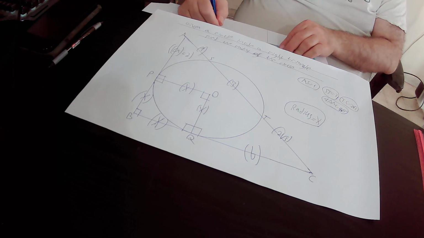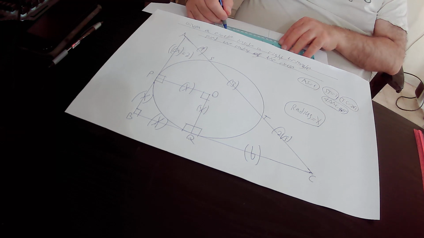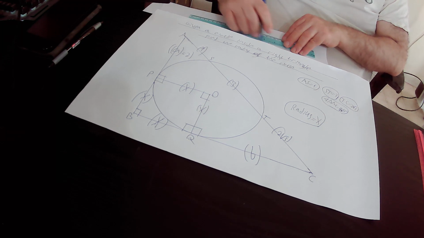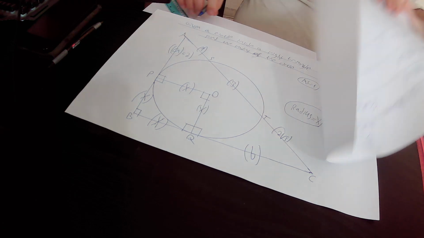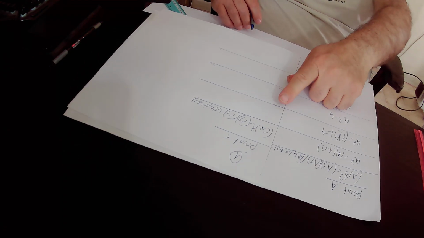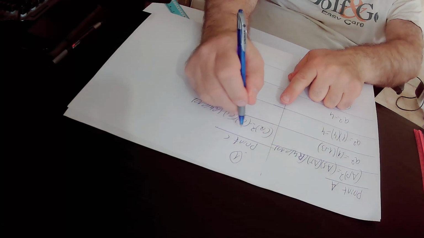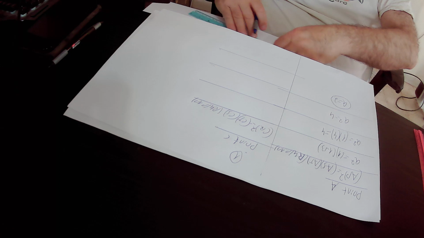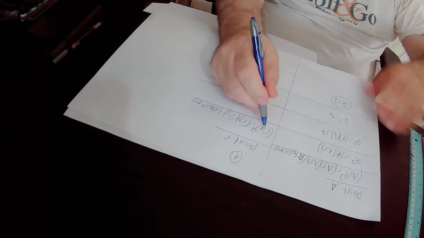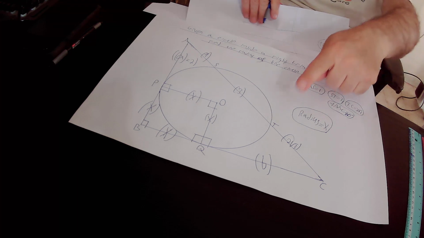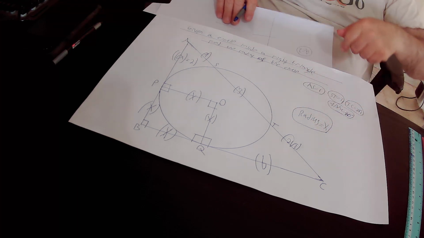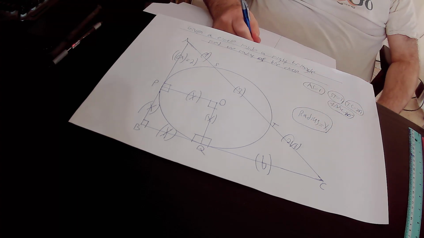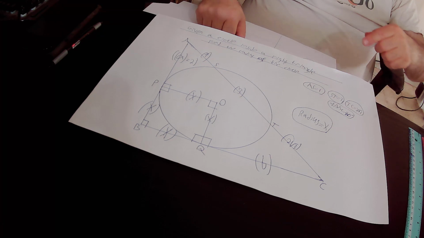Repeat again. According to Rule 10, if we focus on the common standpoint, point C, CQ squared equals CT times CS. CQ is B, and therefore CQ squared is B squared, and it equals CT.